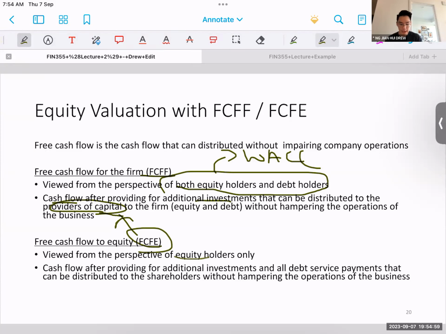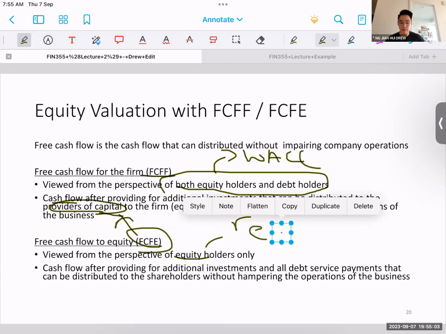Now, if we want to use the FCFE, this one is only focusing on equity holders. Equity holders means we are using the return on equity, and what does this mean? We are only interested to understand what is the investment that we can do for equity holders.